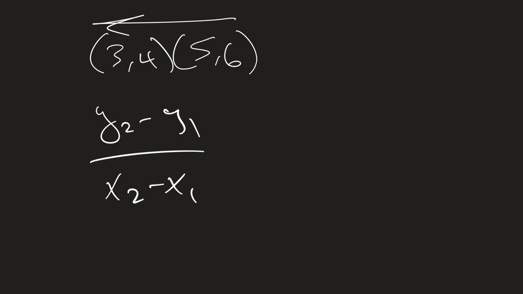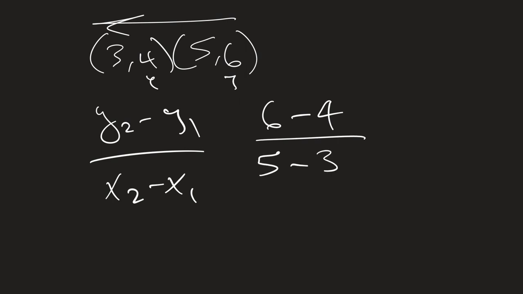What is my y value in the ordered pair on the right? 6. So we go 6 minus, and then the y value on the point on the left is 4. So on top, you're going to have 6 minus 4. Those are your y values. And then on the bottom, we go 5 minus 3.